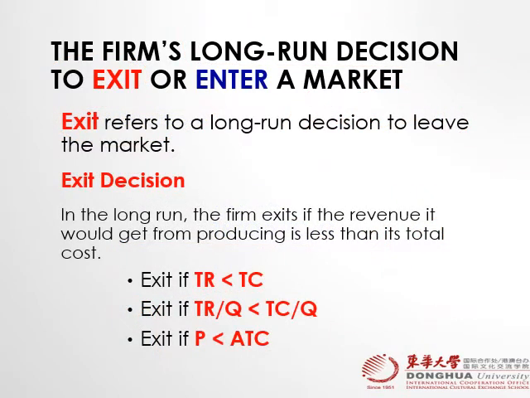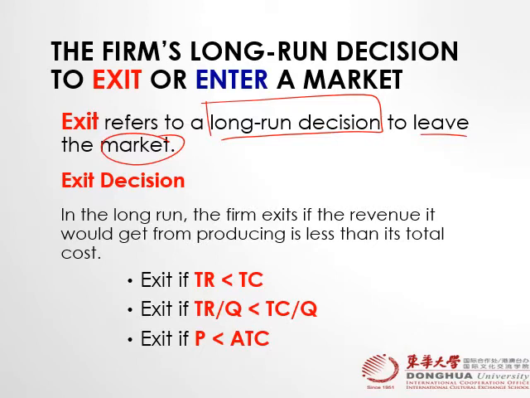Okay, now let's talk about the exit. It's a long run decision or long run strategy in which a firm decides to leave the market, not shut down temporarily. So in economics, in competitive markets, or in deciding what quantity to produce, we have to make sure of the terminology.